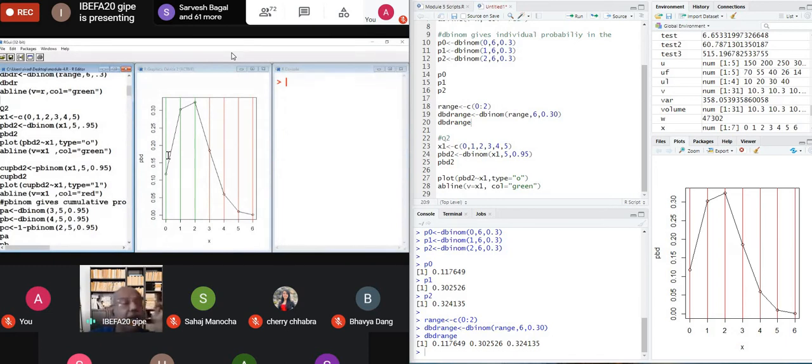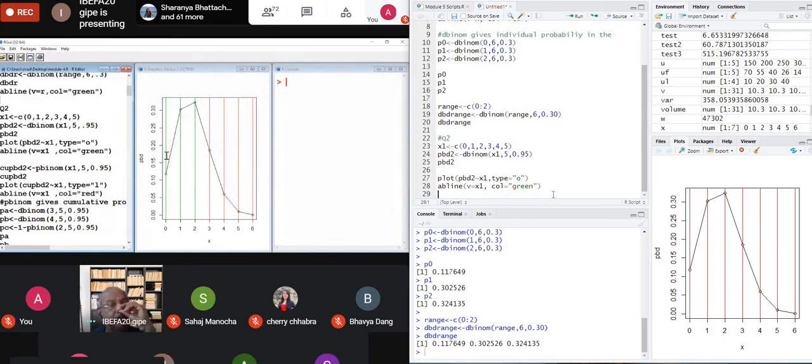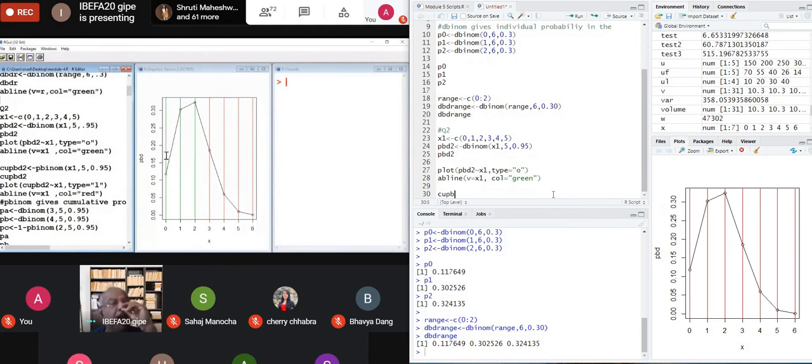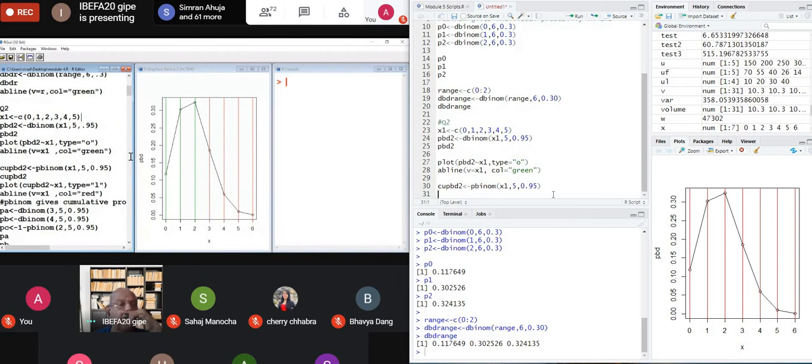So the variable will be 0, 1, 2, 3, 4, 5. Already I have used x, so here I denote x1. Repeat the work.